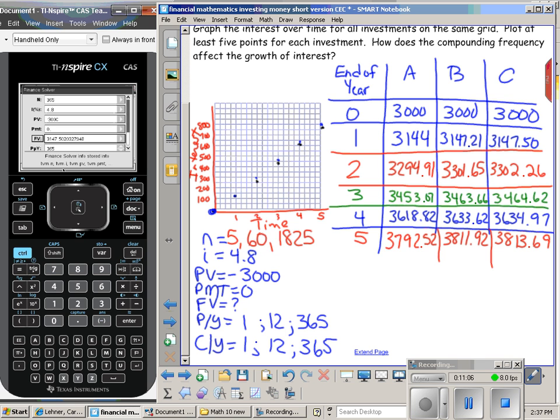So a little bit more money. And then if we do option C, we are at a little bit higher than option B. So what you should hopefully see is the more frequent the compound, the more money you will make.